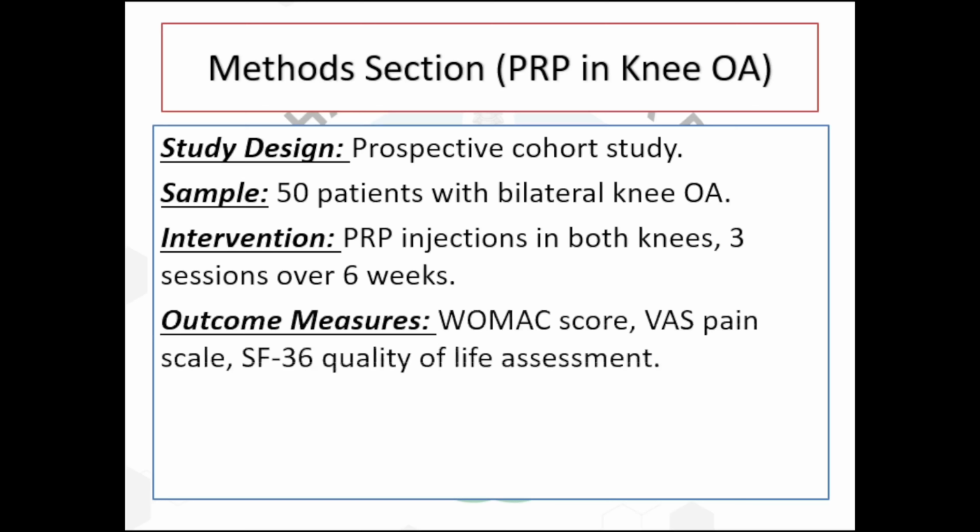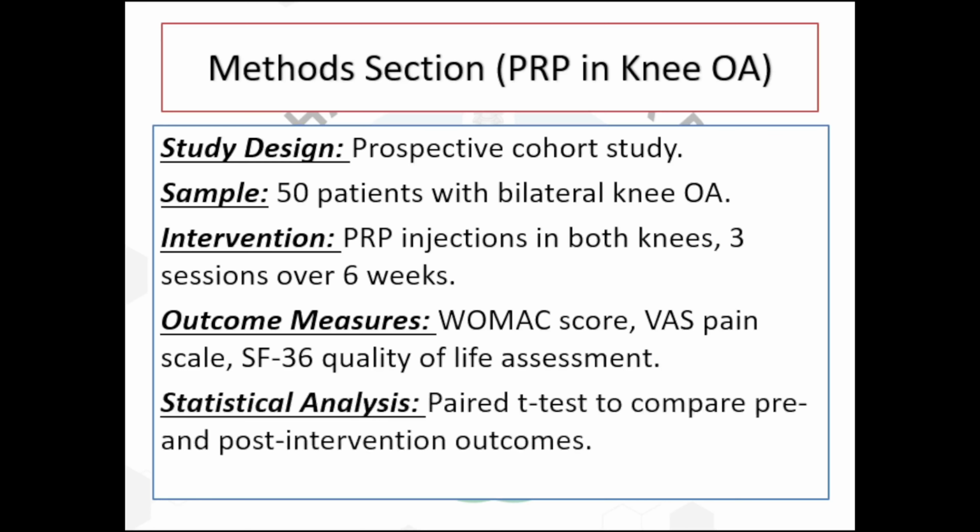In the method section, the study design is a prospective cohort study. We select 50 patients with bilateral knee osteoarthritis, not unilateral, bilateral knee osteoarthritis. Intervention: PRP injection in both knees, 3 sessions over 6 weeks. Outcome measures include the WOMAC score, VAS pain scale, and SF-36 quality of life assessment.